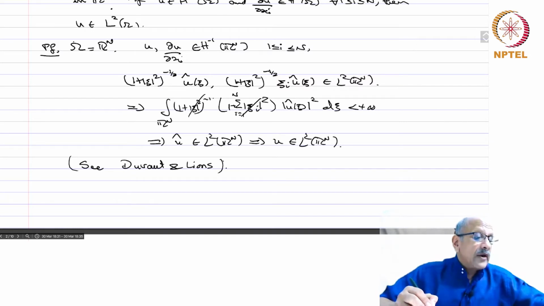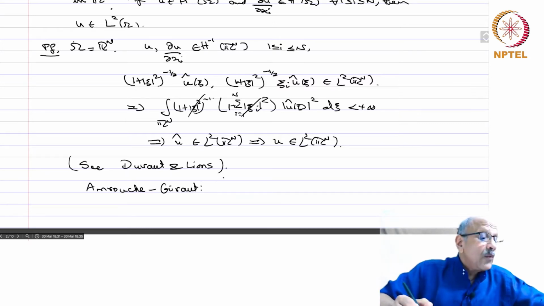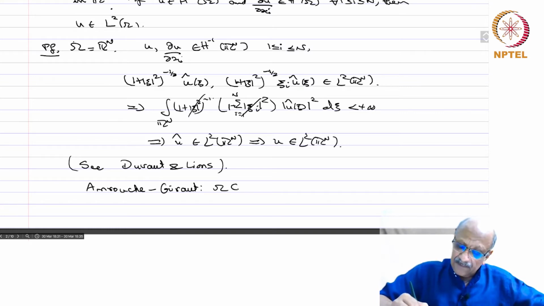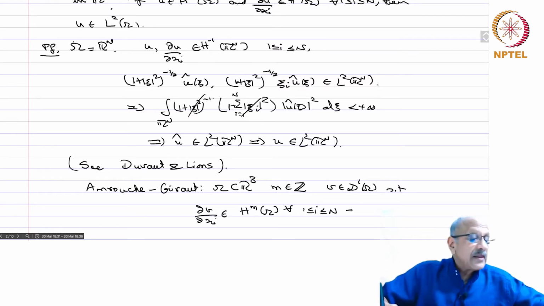It's not very easy. Several generalizations of this result are available, and one of the most comprehensive results is due to Amrouche and Girault, which says that if Ω is in R^3, and m is any integer in Z, positive or negative, and if v belongs to D'(Ω) such that ∂v/∂x_i belongs to H^m(Ω) for all 1 ≤ i ≤ n, then this implies that v belongs to H^{m+1}(Ω).